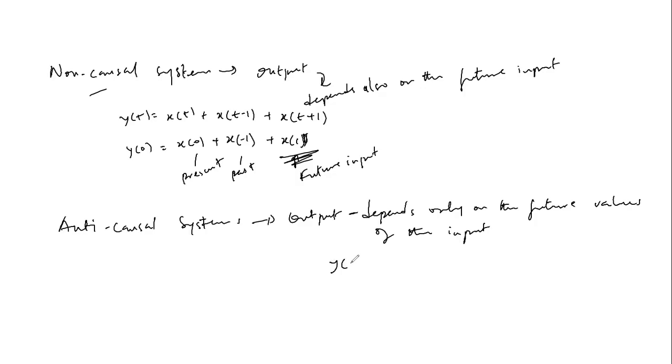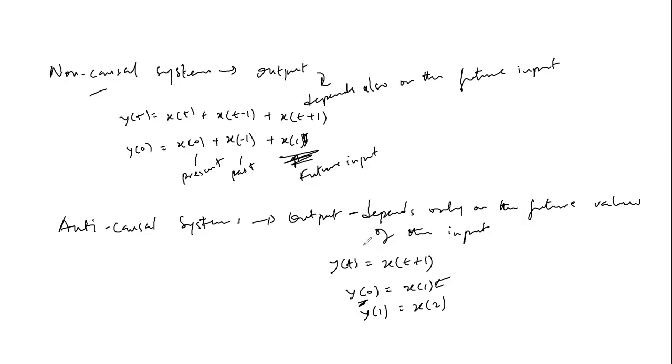Say y of t is the same as s of t plus 1. So y of 0 here is the same as s of 1. Y of 1 is the same as s of 2. So this is the future value of the input at this instant of time.